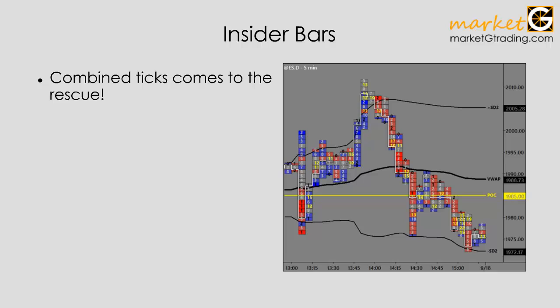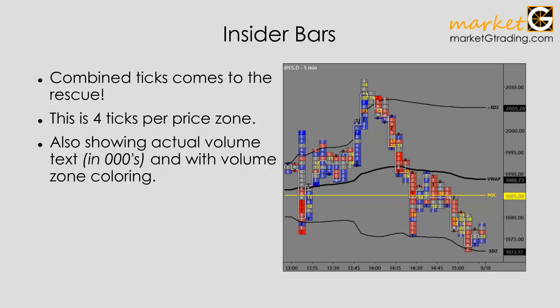Combined ticks comes to the rescue. Here I have 4 ticks per price zone instead of 1 tick in the previous chart. Plus I'm showing the actual volume traded at every 4 tick point with volume zone coloring. The prices are in thousands, and the way volume zone coloring works is there are 3 zones.